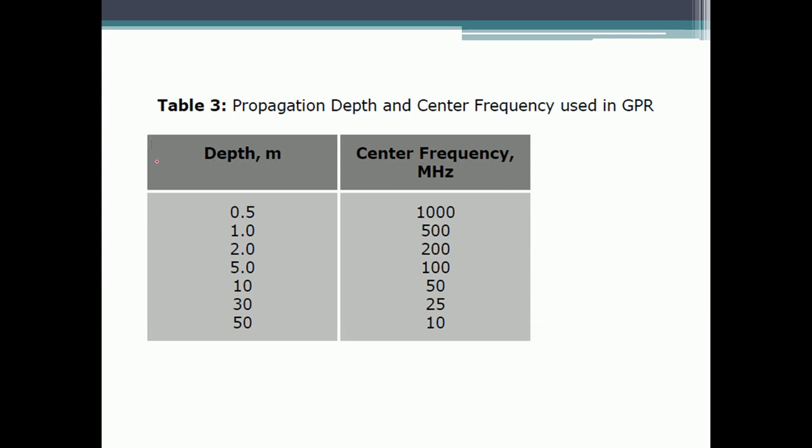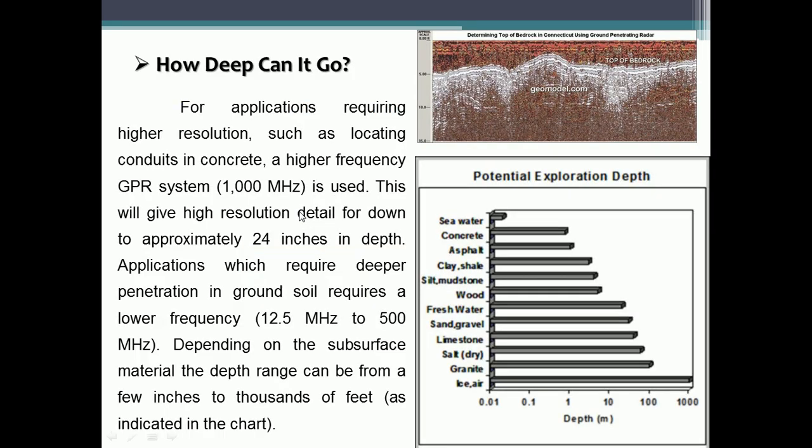These are some of the frequencies for different depths. If it is 0.5, then 1000 megahertz, like that. These are the frequency parameters for the different depths of penetration. For how deep we can go, in case we need road data, because we evaluate the pavement using this GPR method, we can use 1000 megahertz, which gives approximately 24 inches of depth.